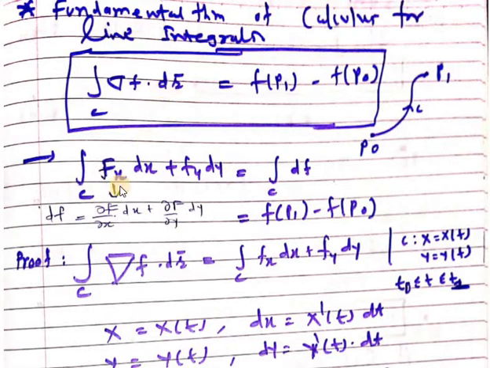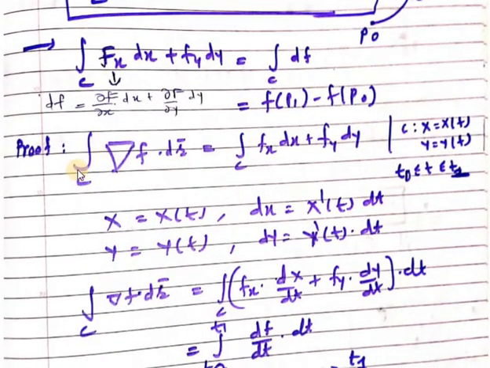When we take the dot product, we have f sub x dx, that means del f by del x into dx, plus f sub y, that means del f by del y into dy. As we have studied in the first semester, this is the total derivative, so we can write df. So the line integral of df depends on the two endpoints, so we have f of p1 minus f of p0.